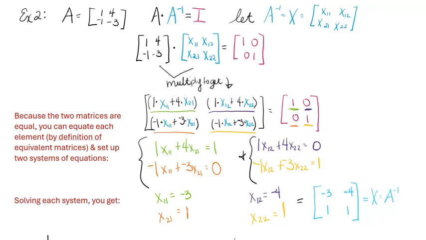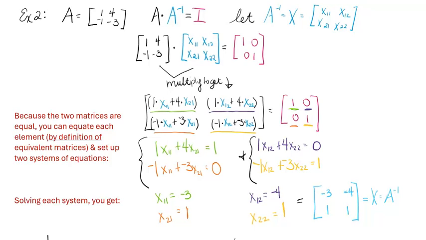And then the orange one is equivalent to the orange one, which I wrote here. So you can see that row 1, column 1 is equal to row 1, column 1 here. Row 2, column 1 is equal to row 2, column 1 here. And if I do that, I have like terms, so I can set up two separate systems of equations.